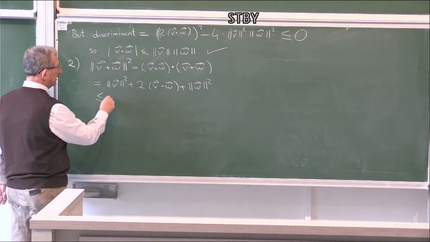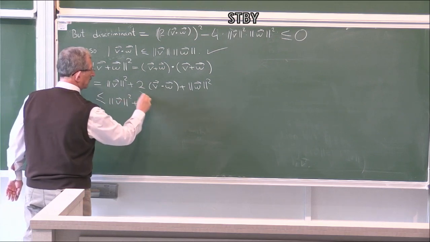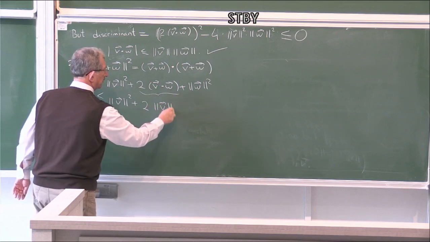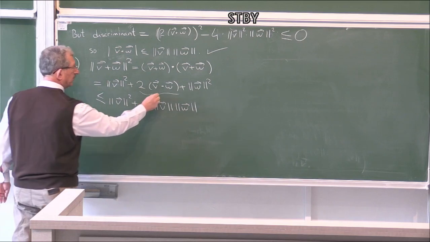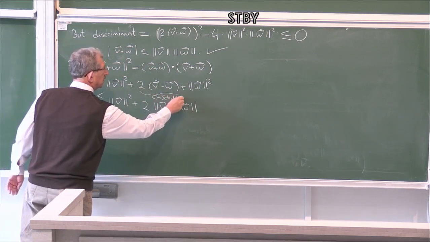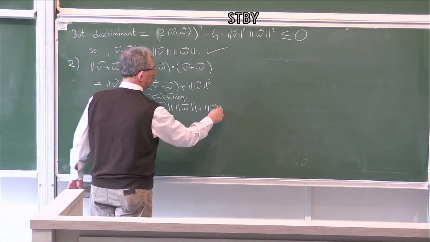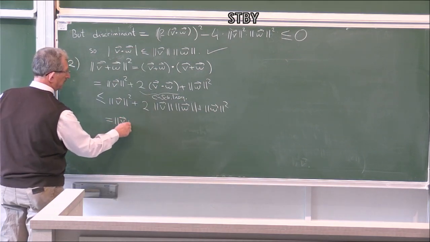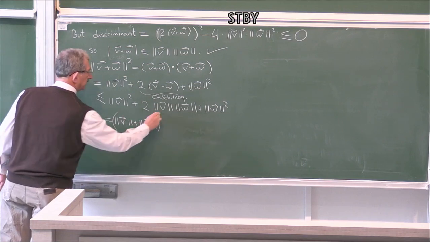Now this is less than or equal to the two norms multiplied, because by the Cauchy-Schwarz inequality, which we proved, this is norm V plus norm W, parentheses, squared.